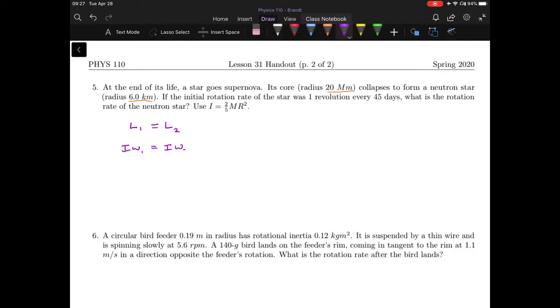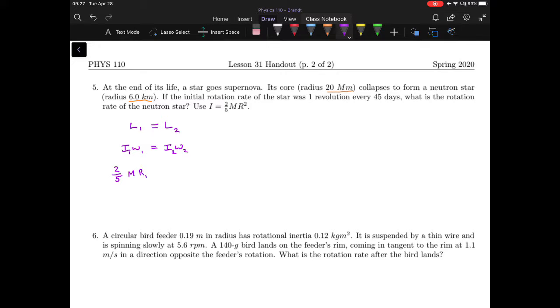That's 1 and 2. We know I, it gives this to us. This is going to be 2/5 m r squared.